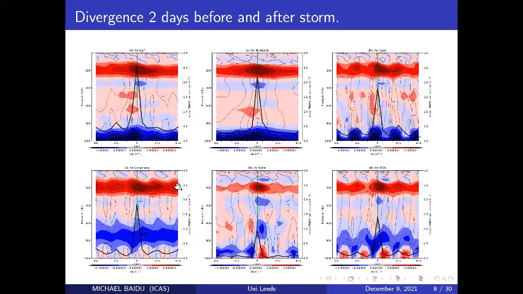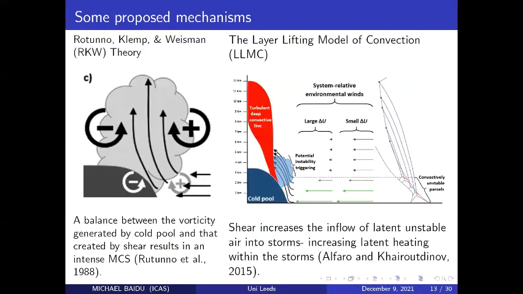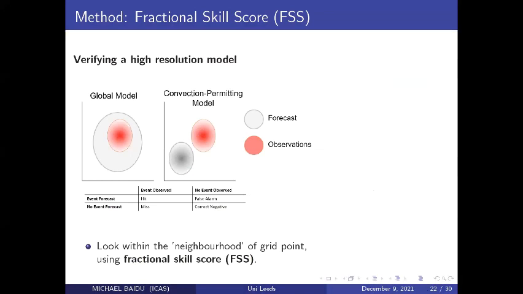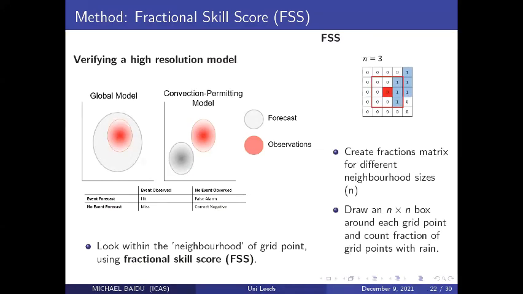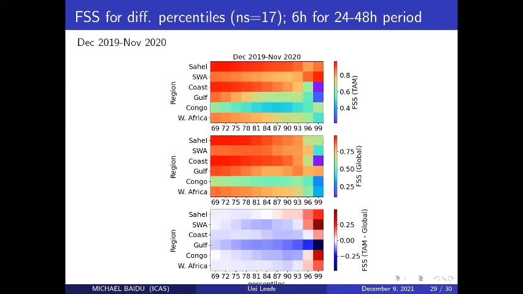I just have a quick question on slide 29, where you show the representativeness of the global model and also that of the Tropical Africa model. So I wanted to find out the conclusion you drew from that. That's based on the fractional skill score, right?